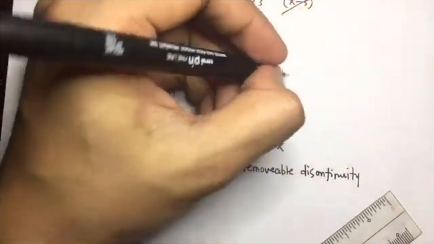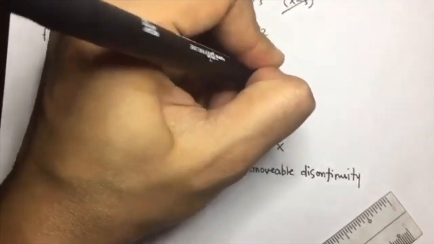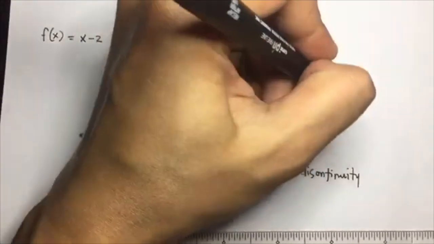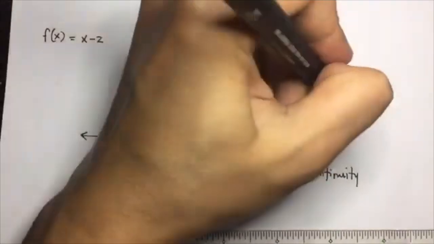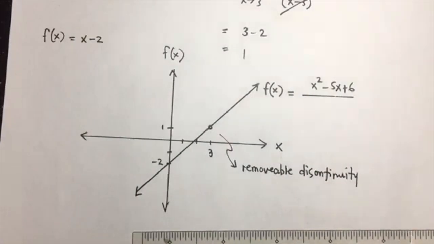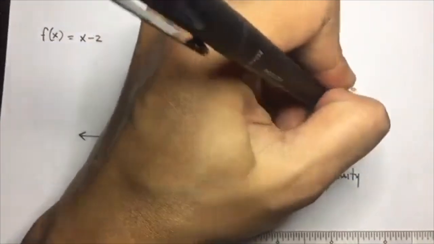Where this is f of x is equal to the whole function x squared minus 5x plus 6 over x minus 3.